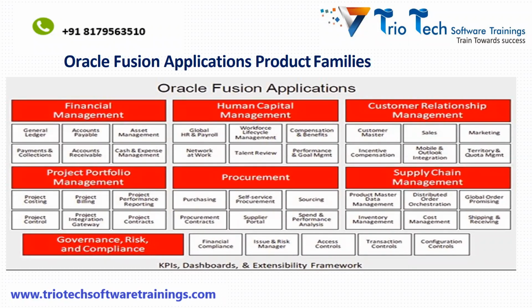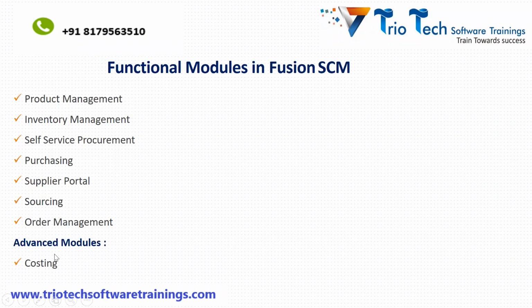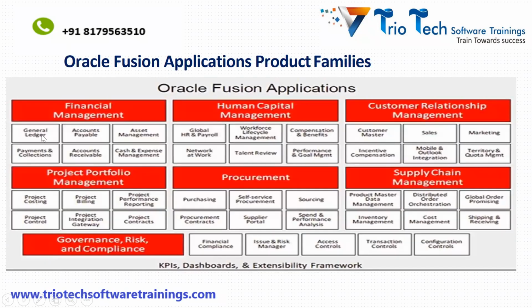In order to accommodate those costing details or calculations, there is a separate module called the cost management module in Oracle Fusion, to take care of costing. That is an advanced module we will see later. If you ask what will go into costing: accounts payable, accounts receivable, asset management, cash management, general ledger, everything goes into the costing module.